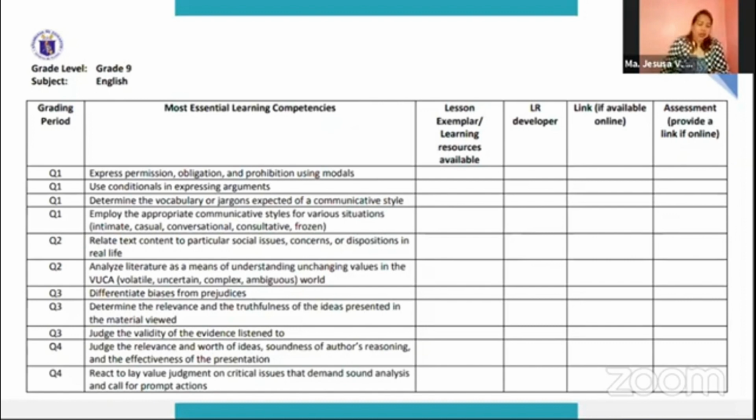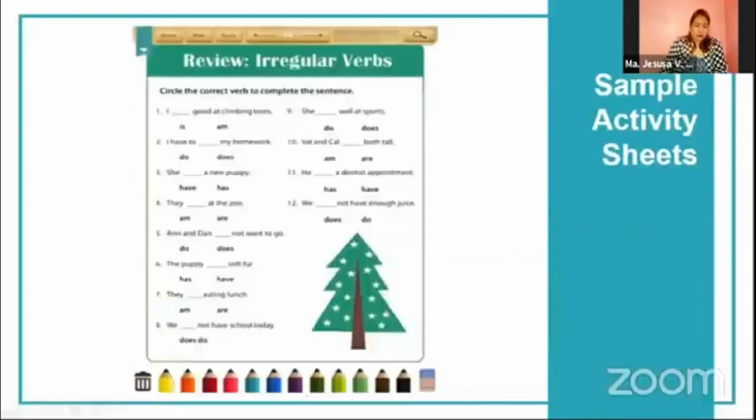Next slide, please, ma'am. Okay. So I have here some sample activities wherein, to be honest, I only copied and pasted these from the internet. So this one could help you.